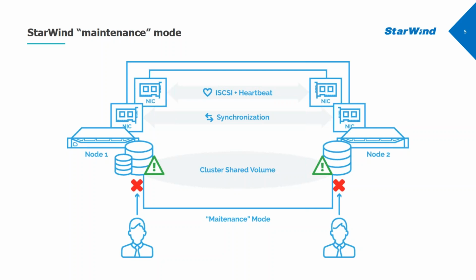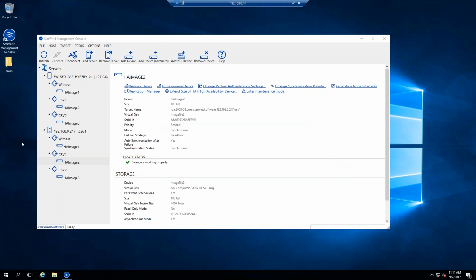Okay, so I guess that's enough cool stories for now. Let's take a look at it in real time, and let's go to our testing environment. Here we have a 2-node StarWind setup, and we have some StarWind volumes already created and replicated across the second node, so they are highly available.